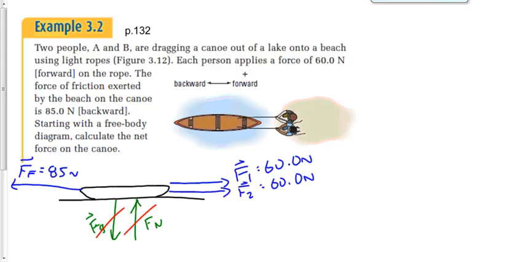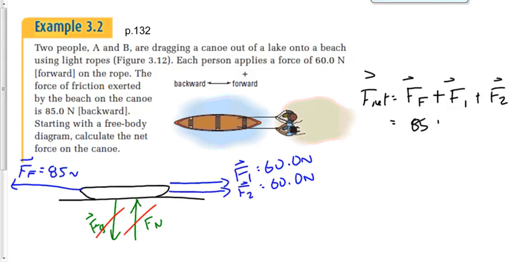Now the next step, we're going to say F net is equal to the sum of all those forces. We would say FF plus F1 plus F2, all of those forces that I haven't got rid of. FF is 85 plus 60 plus 60. Is that right?